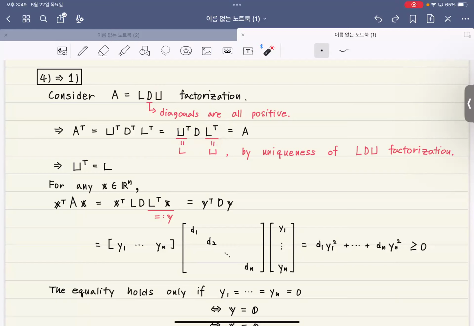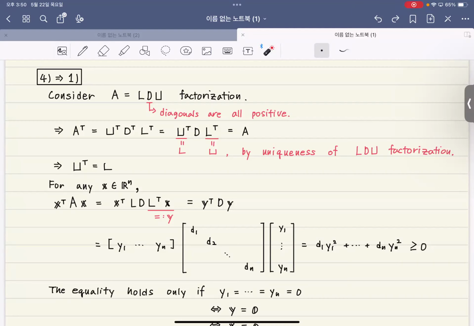Simply speaking, U transpose is L. Therefore, if your matrix A is symmetric, then the LDU factorization turns out to be the L D L transpose factorization. Okay?